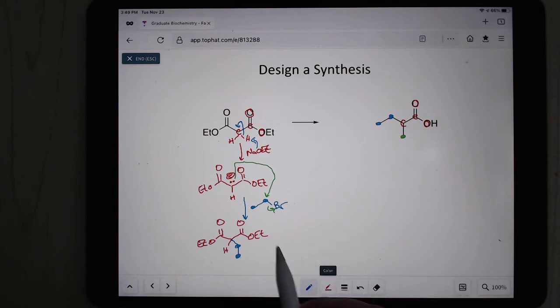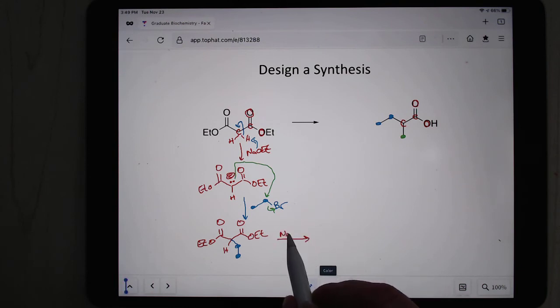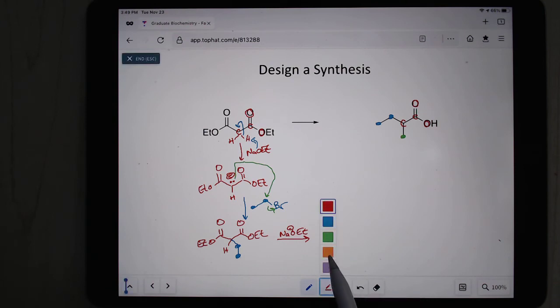Now we go through the same process, but now we're going to add the green 1 carbon piece. And so again, we're going to be adding sodium ethoxide. That's going to be grabbing that, push those up there.